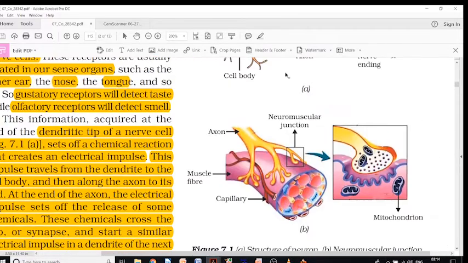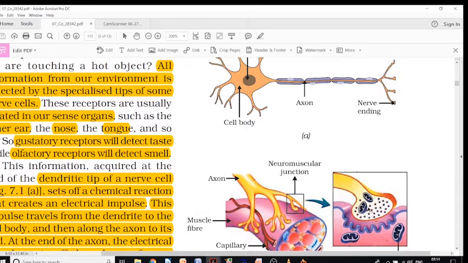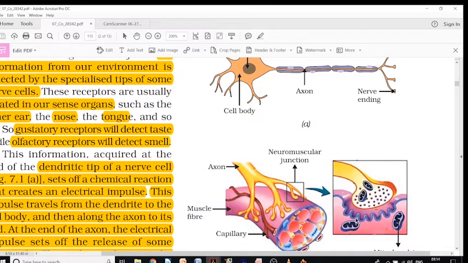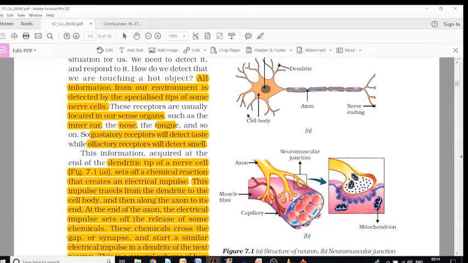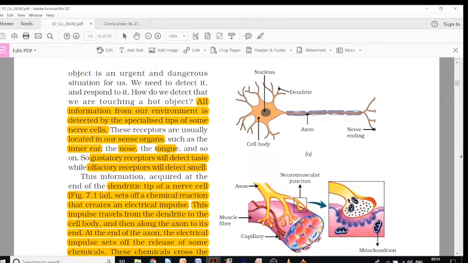Here also see these are the chemical messengers. These chemicals are released at the end of the nerve cell, and then the muscle fibers react to these receptors. So in this way, our nerve cell works.